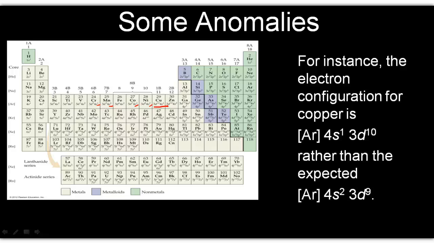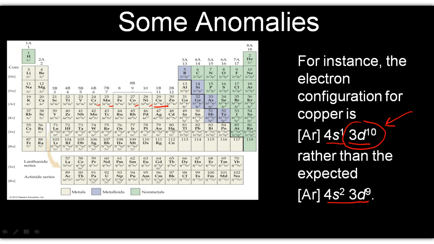Notice over here, given the choice, I could either put that next electron in the D, or I could put it in the S, and it makes a more stable atom by filling up this D sublevel as opposed to leaving it as it was. So we don't have this scenario, we have this scenario. It's more stable.